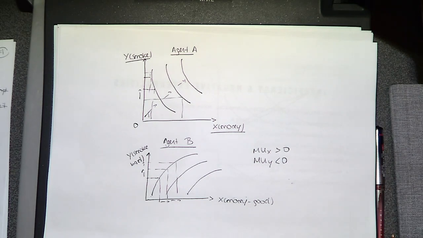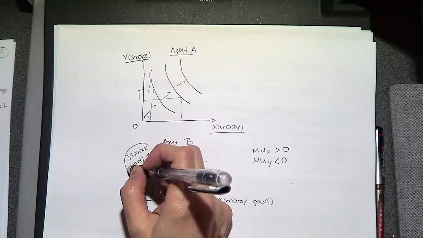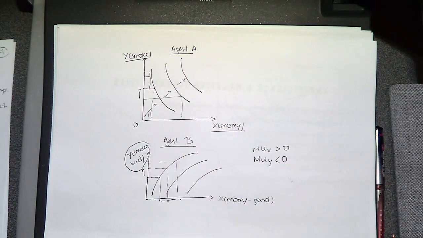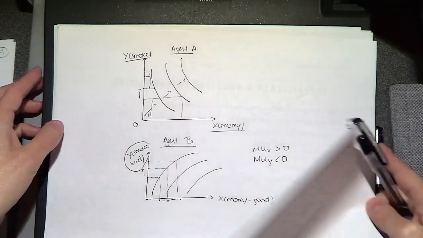By the way, I'm placing good Y randomly as the bad good. What if I decided to place X as the bad one? How would the indifference curves look?